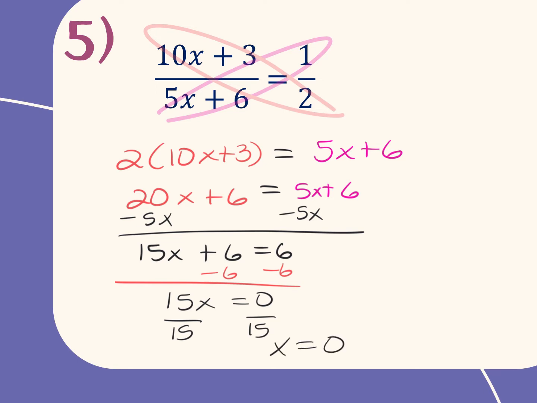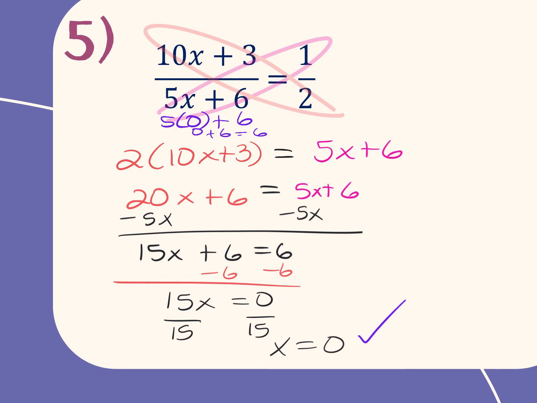Now, I need to plug that 0 in because I had an x in the bottom of one of my fractions. However, if I put a 0 here for this x, I get 5 times 0 is 0, but it's still 0 plus 6. This denominator is still a 6. It's not a 0. So x equals 0 is a good answer.